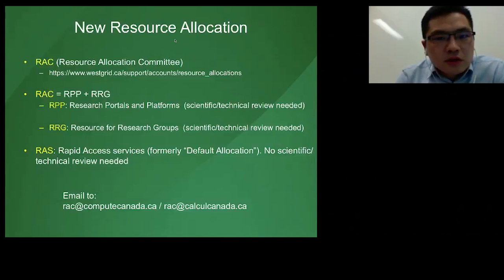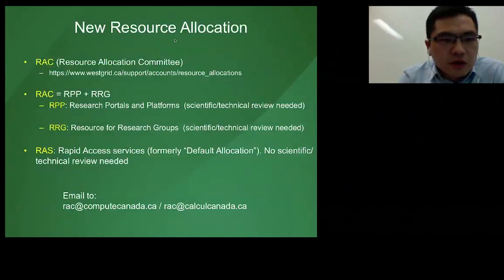Since it's just in the initial stage, I won't go into too much detail, but I want to give you some terminology to help you have a basic idea. First is RAC. RAC stands for Resource Allocation Committee. It is dedicated to reviewing and allocating resources for users.